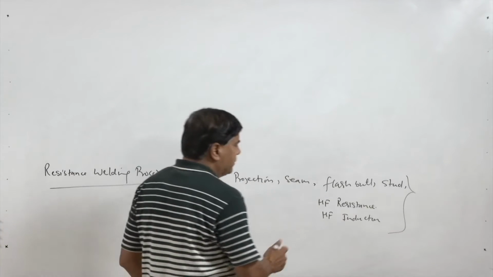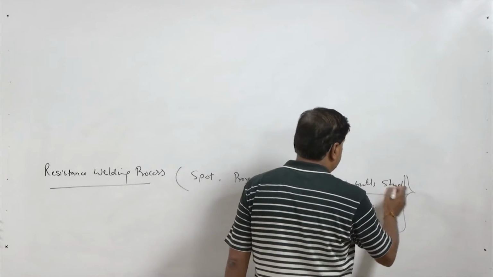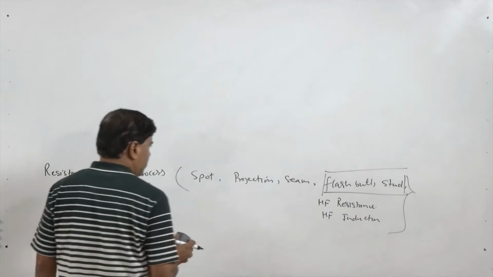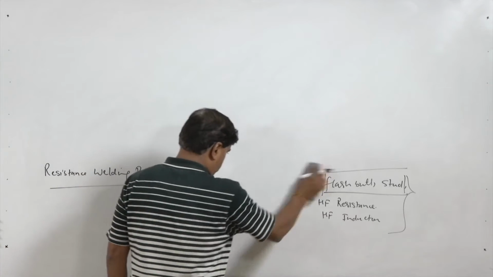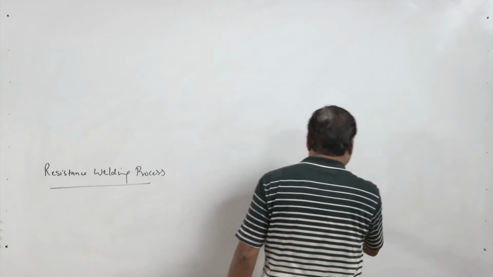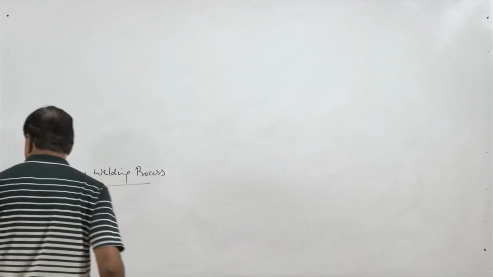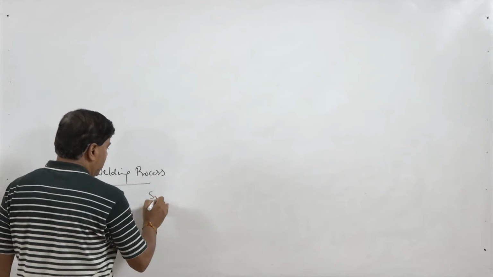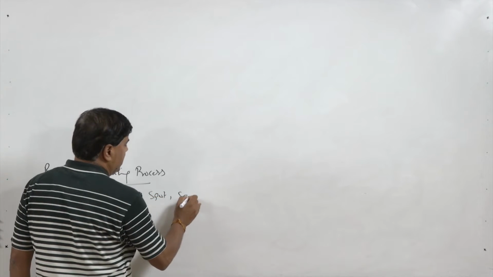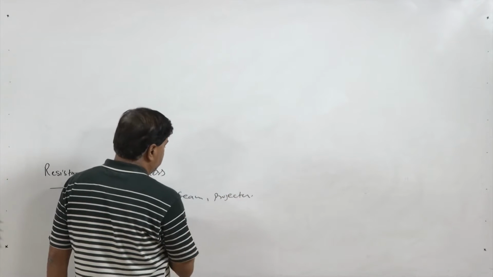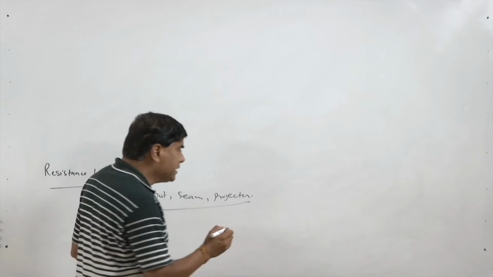We will see that in some of the processes even an arc comes into the picture, but they have been placed under the category of resistance welding processes. Most of these processes, like spot welding, seam welding and projection welding, are commonly used for joining thin sheets.